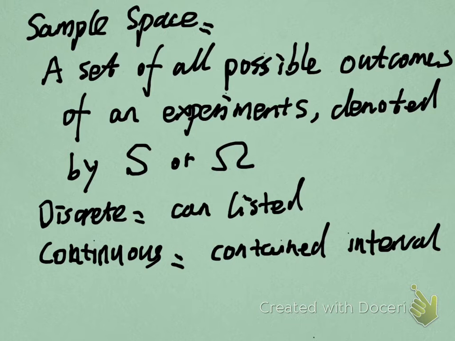So the result can be described as an interval. So this is an example of a continuous sample space.